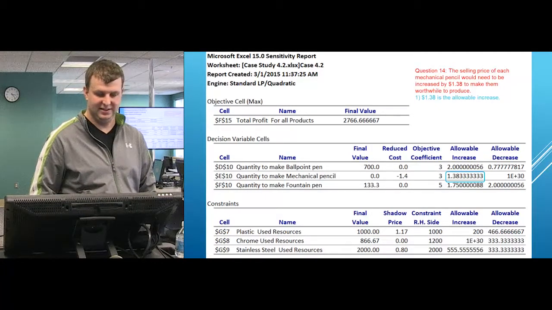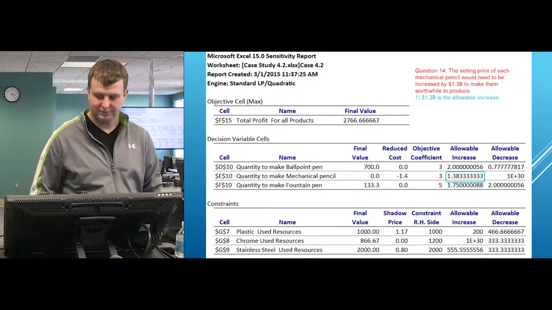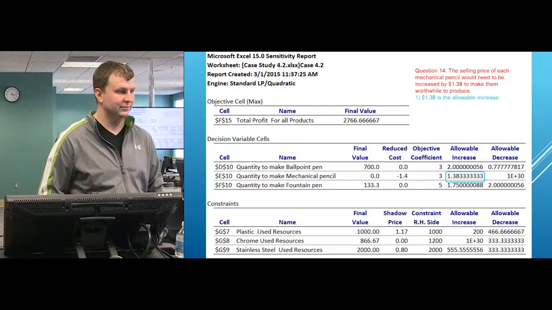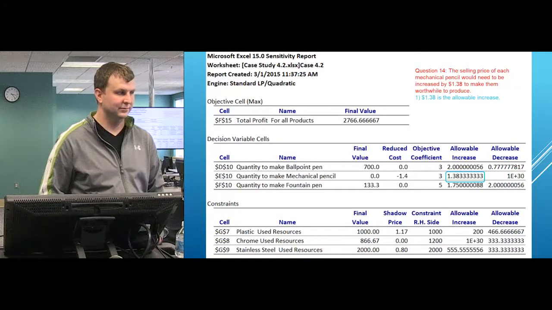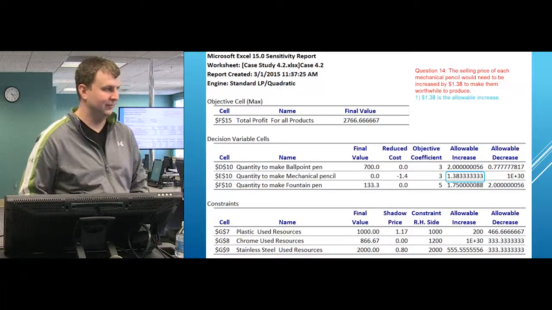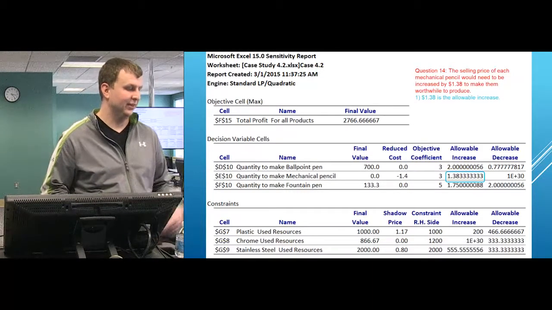That's part of why the final value may change, right, and that's why it's the same with reduced cost. And when the objective function coefficient of the mechanical pencil, which is the unit profit of the mechanical pencil, increases by more than 1.38, then you won't have a reduced cost, which is negative. The reduced cost will be 0 because it starts to make sense to make this mechanical pencil. It's the same, but to answer this question, using the reduced cost will be the right place. Okay, the right place.